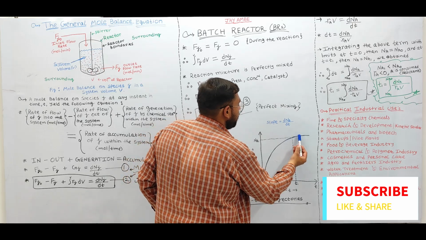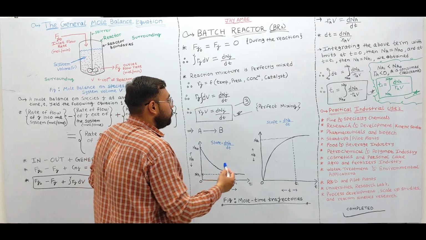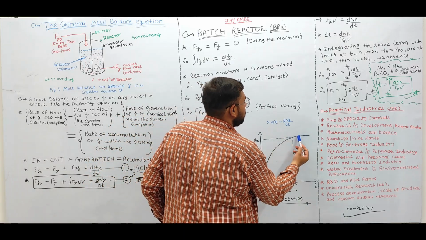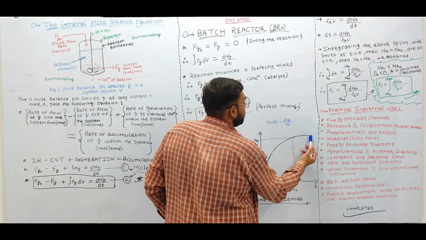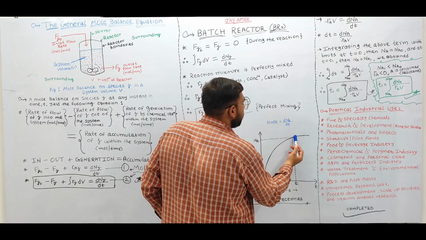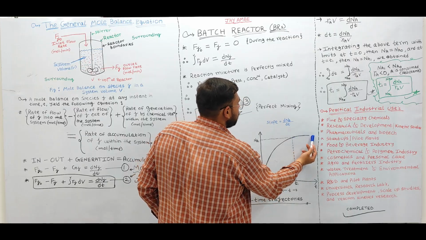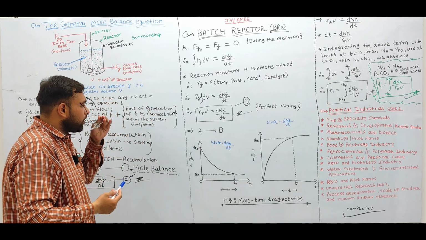And after some time period, the curve flattens, which means no more new products are formed. All the reactants are consumed and all the product is formed. So due to these reasons, this curve flattens after a particular specified time period, right? I hope it is clear, okay.